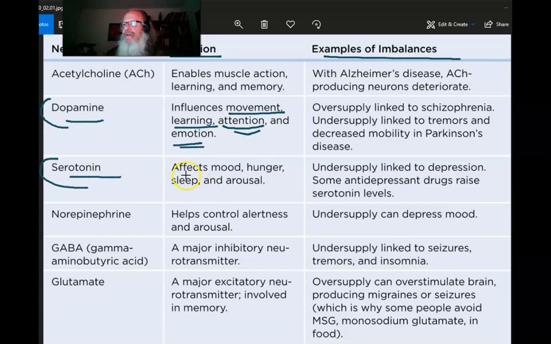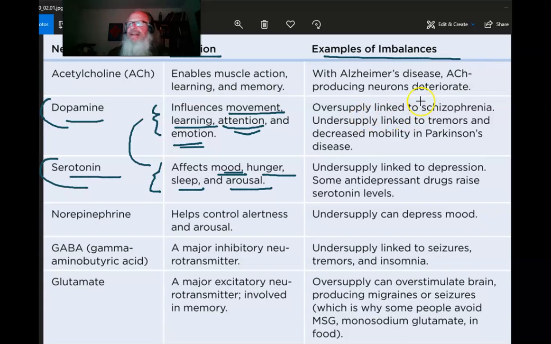And then serotonin: overall mood, hunger, sleep, and overall arousal. If you think about these different aspects of our experience and behavior, it's clear that these are related, but they're not exactly the same.